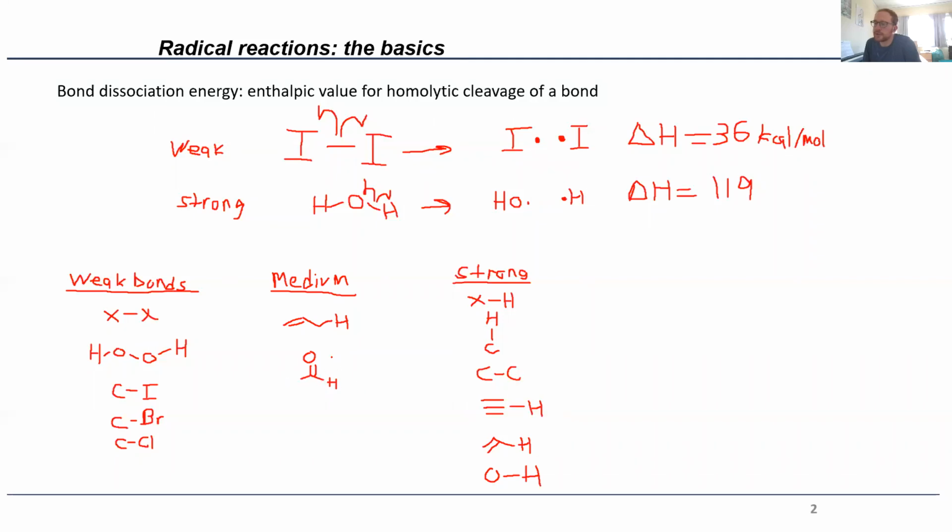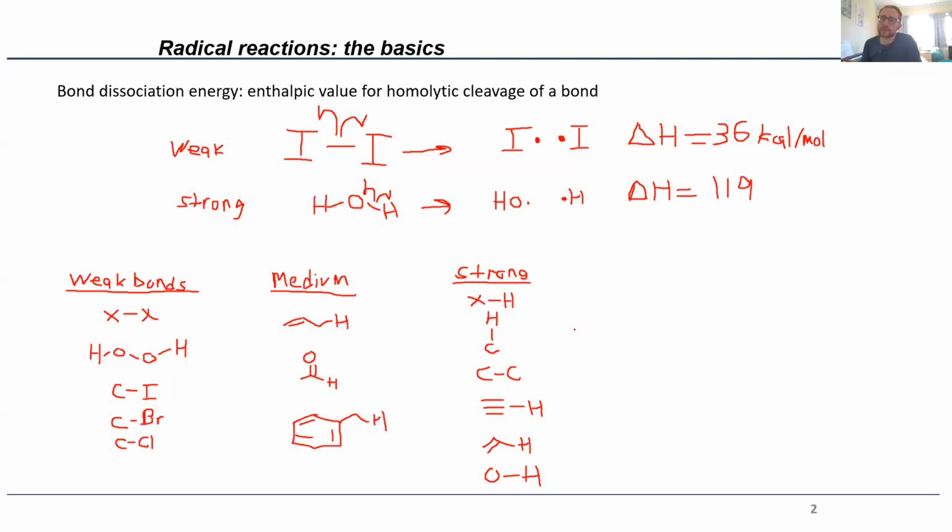But this is the aldehyde CH bond, the allylic CH bond, and the benzylic CH bond, which are all pretty weak, but relative. You know, they're stronger than the weak bonds shown here, but they're definitely weaker than the strong bonds. So I'll call them medium bonds.